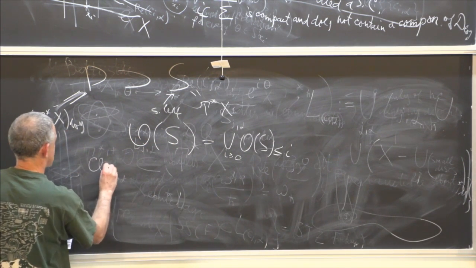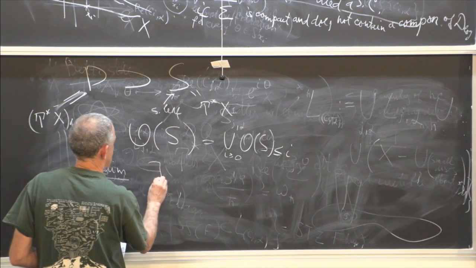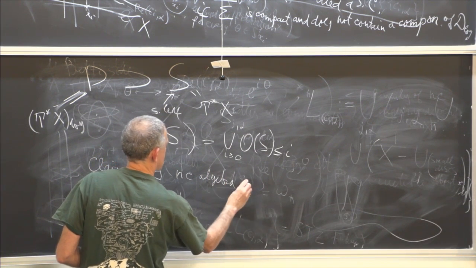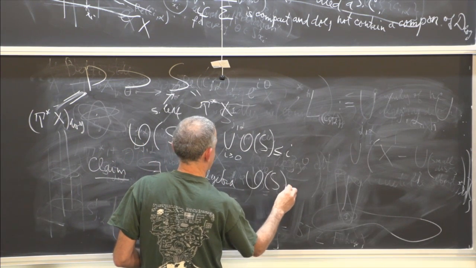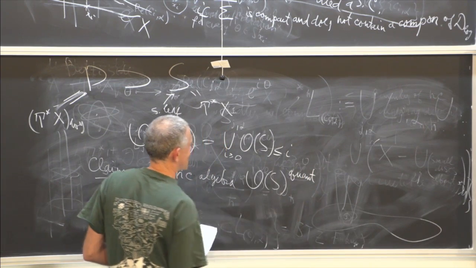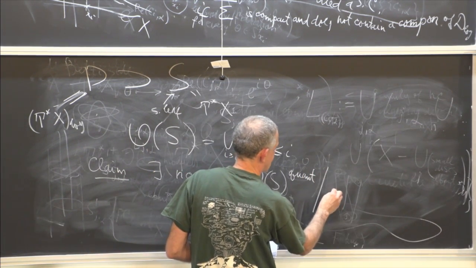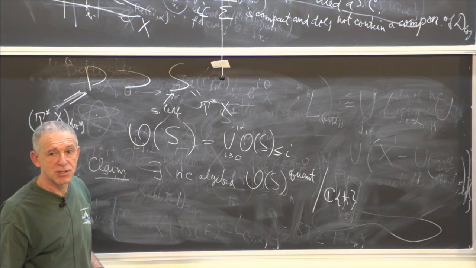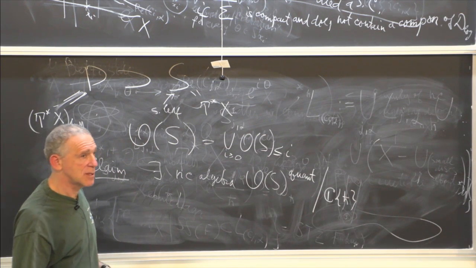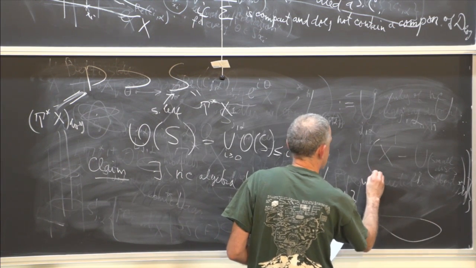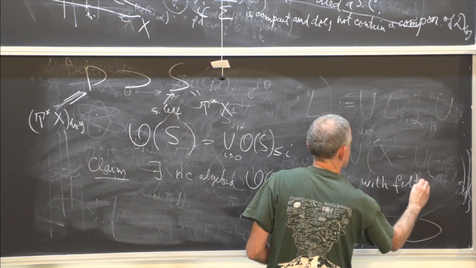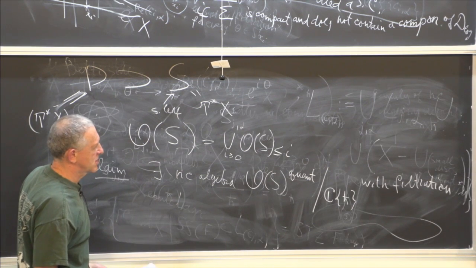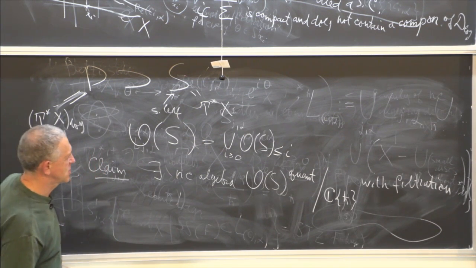Now the claim is that there is a non-commutative algebra, let's call it quantum, over germs of analytic functions at h equals 0, with filtration, which satisfies some properties. Let me say in words because there is not too much time.